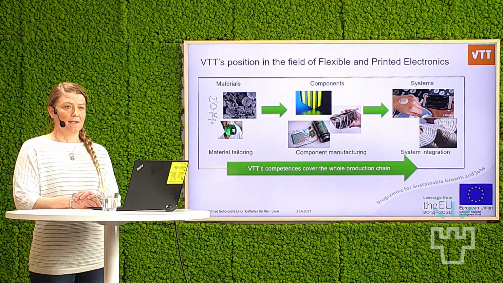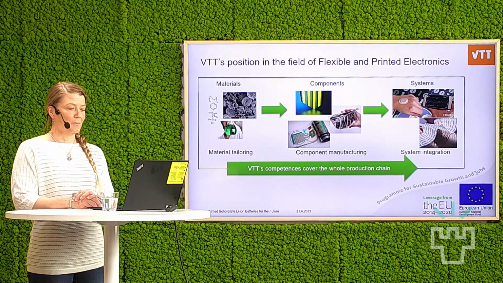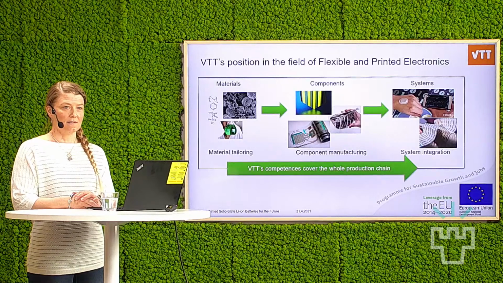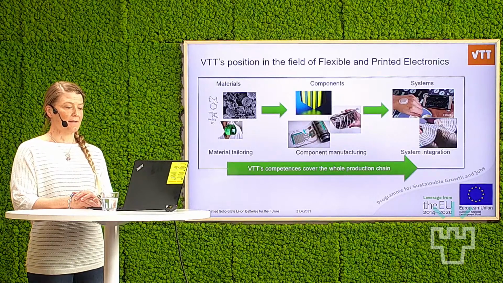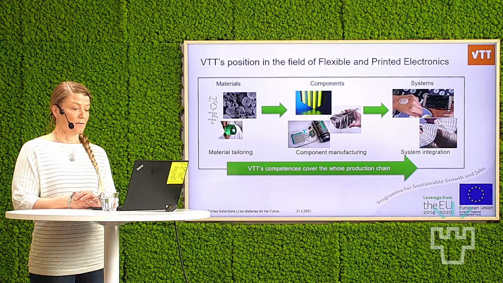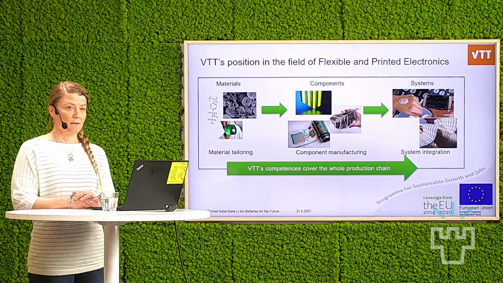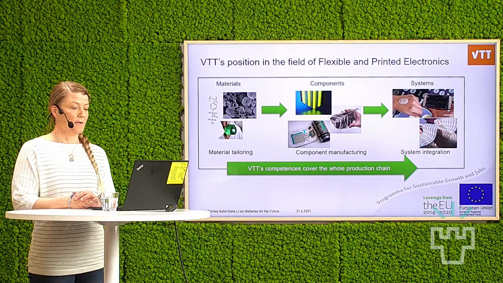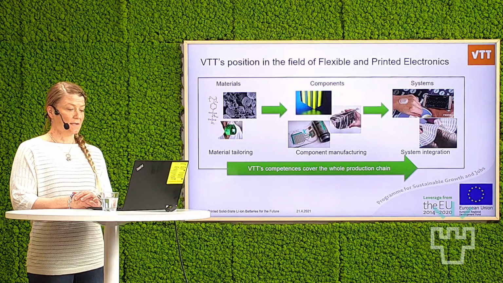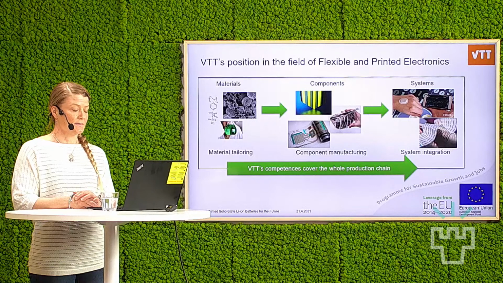At VTT, our competencies cover actually the whole production chain. We start from materials, tailor them in the way that we can process them into components. In these pictures, you can, for example, see a completely printed OLED, organic light emitting diode, an OPV, organic photovoltaics, and also some sensors.